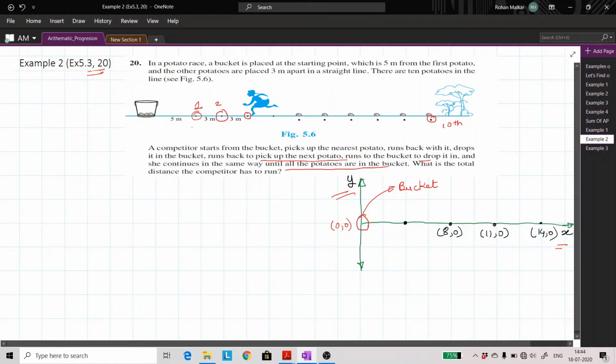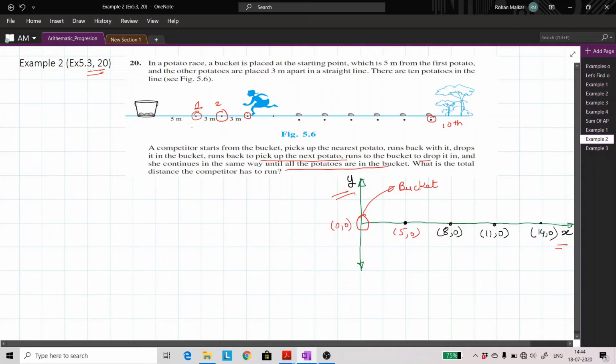And the first potato is kept at a distance of 5 meters from the bucket. I have marked all the potatoes in black on the positive x-axis, and the first potato is at 5, 0. So here this 5 on the x-axis represents the distance from the bucket.